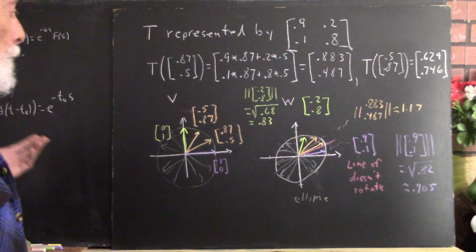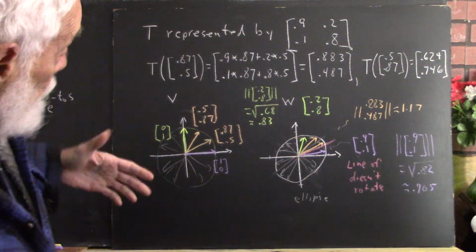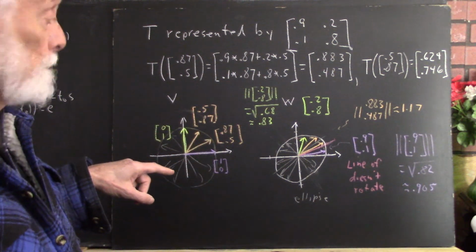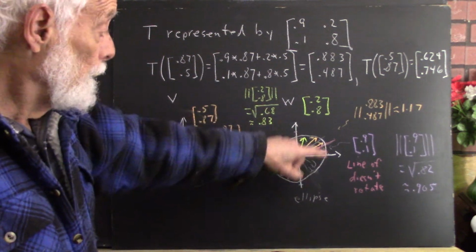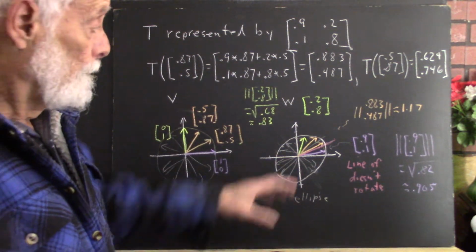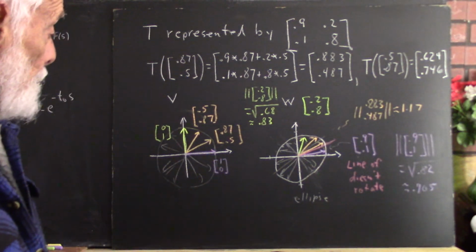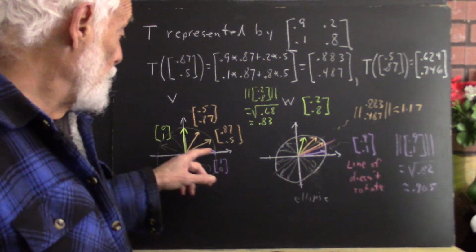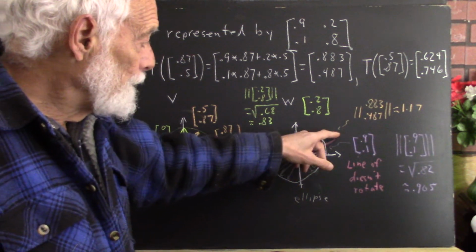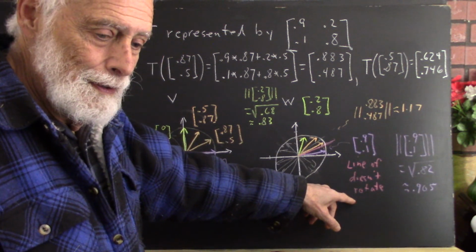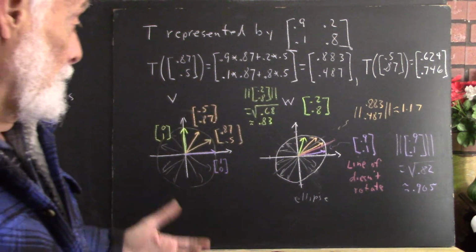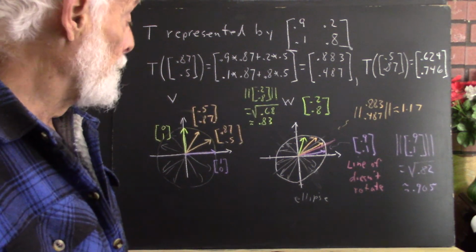Now you can easily do this, okay? You can easily calculate all these vectors around here and calculate their images and see how that works out. You can also play around with it, try to find the vector on the unit circle that maps to the vector that doesn't change direction when you map it. See what happens to its length.